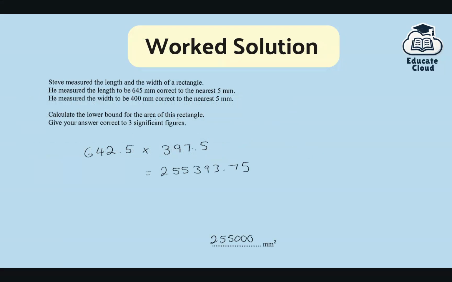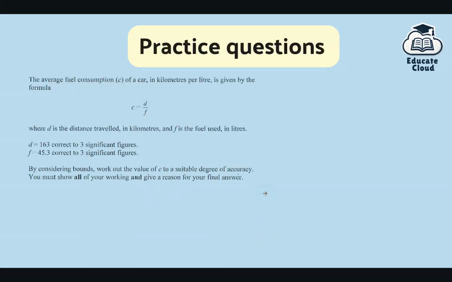The lower bound for the length is 642.5, and the lower bound for the width is 397.5. We multiply these together, which gives us 255,393, which to three significant figures is 255,000.